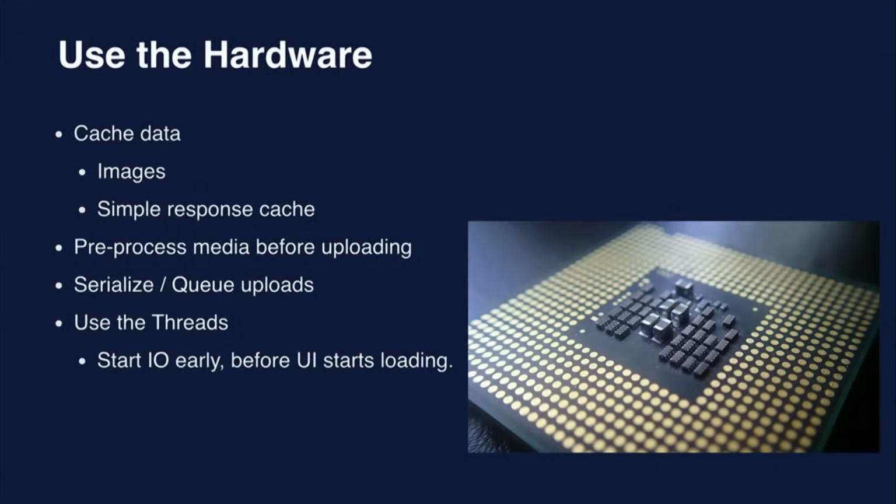So phones that actually have storage, phones that have pretty good CPUs, and phones that generally look like the desktop computers of 5 years ago, or even better. The easiest thing you can do is cache the data that you download. This is very important especially for images and a lot of things that take a lot of bytes over the wire, but it's also important for simple responses from your servers, like metadata.